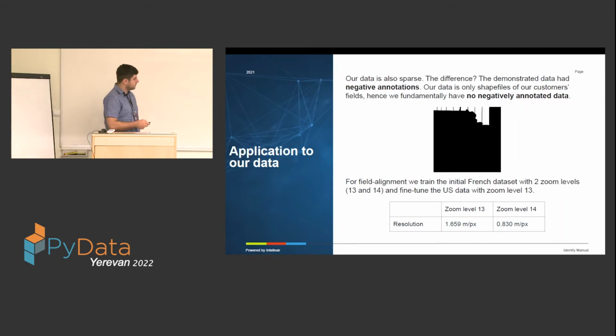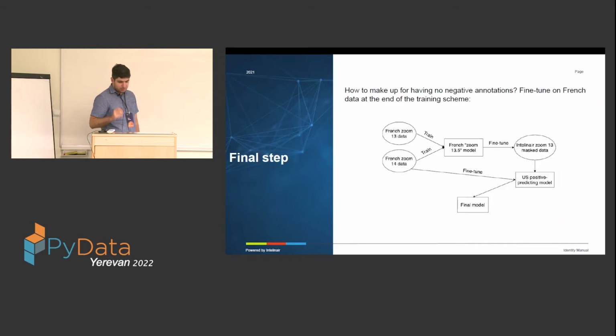Now that we have all this sorted out, this is our final training pipeline, basically. And here we tackle the problem of having no negative annotations. What we do is, at the end of the training scheme, we do a very small training on the French data again. So basically fine-tuning, very small. I can't stress this enough, like 1 or 2 epochs.